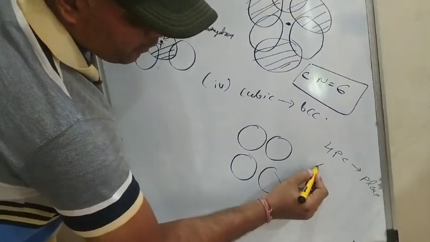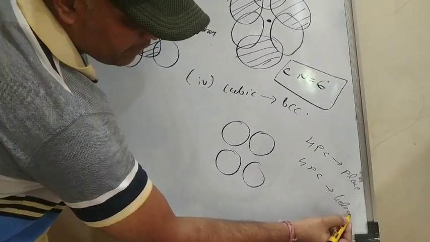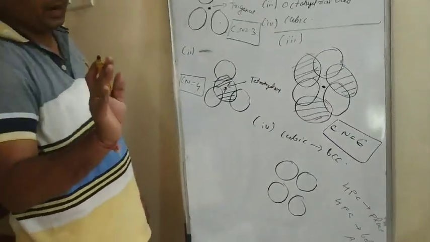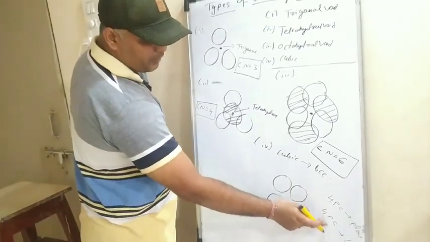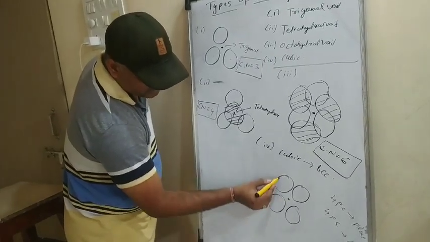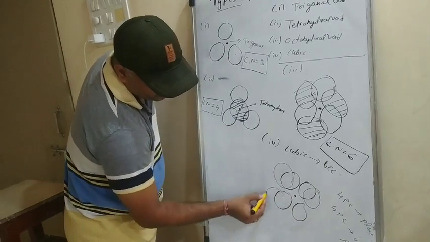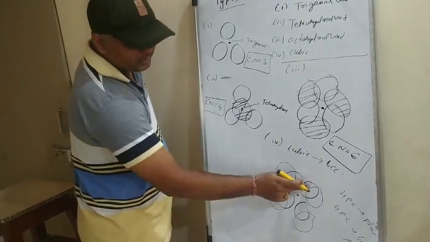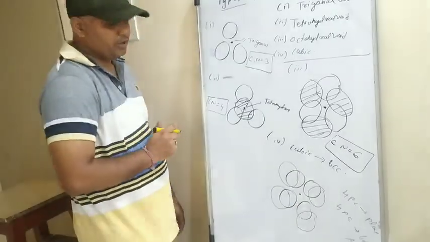And the other 4 particles are below and above the plane. Try to understand: 4 particles are in a plane, the rest of the 4 particles are below and above the plane, and the void is formed in between. So 1, 2, 3, 4, 5, 6, 7, 8. This becomes your cubic void.